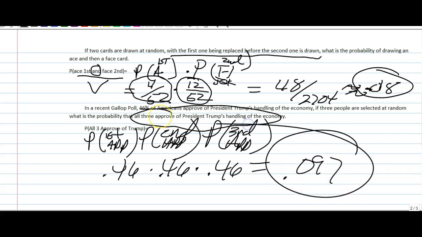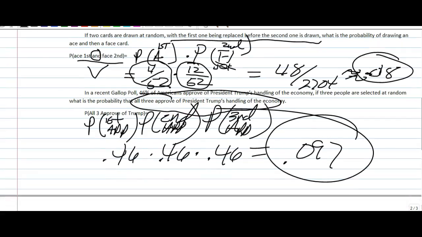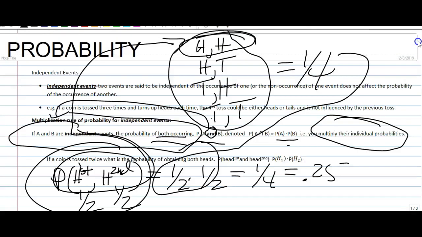So there's about a 10% chance that all three would indicate that they approve of the way President Trump is handling the economy.